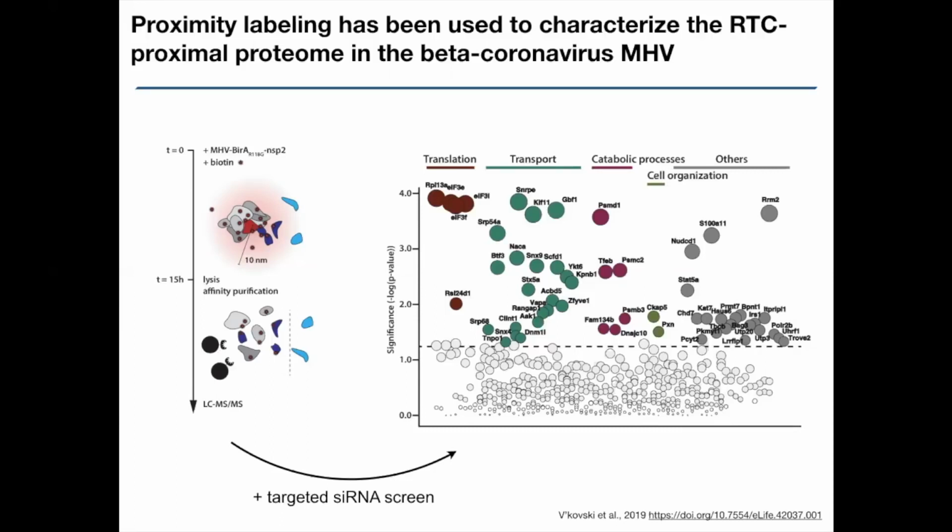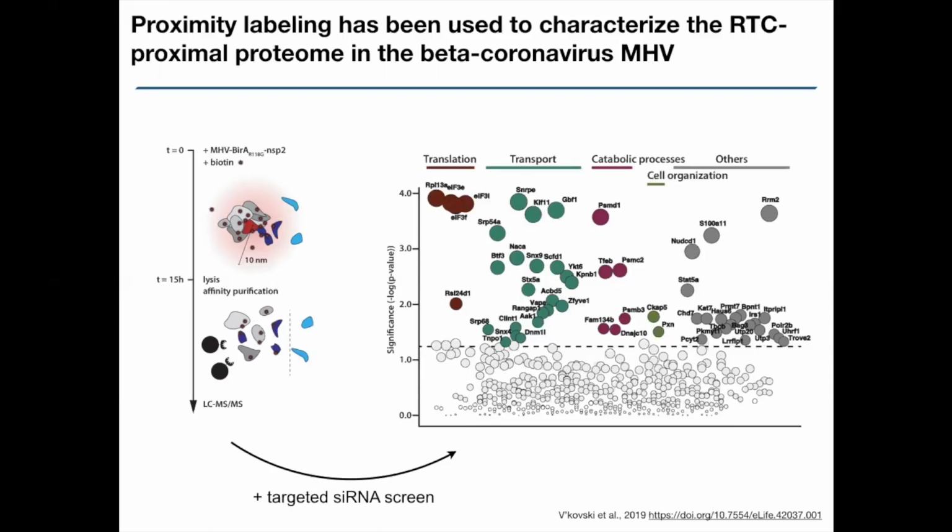And so through the addition of biotin then, which could be transferred to proximal proteins, these proteins could then be purified and identified by mass spectrometry to identify the RTC proteome, basically. And then in this particular study that I've cited below, they then took these hits and did a targeted siRNA screen to figure out which of the components that are host factors are actually necessary for viral replication, which are the proviral factors here.